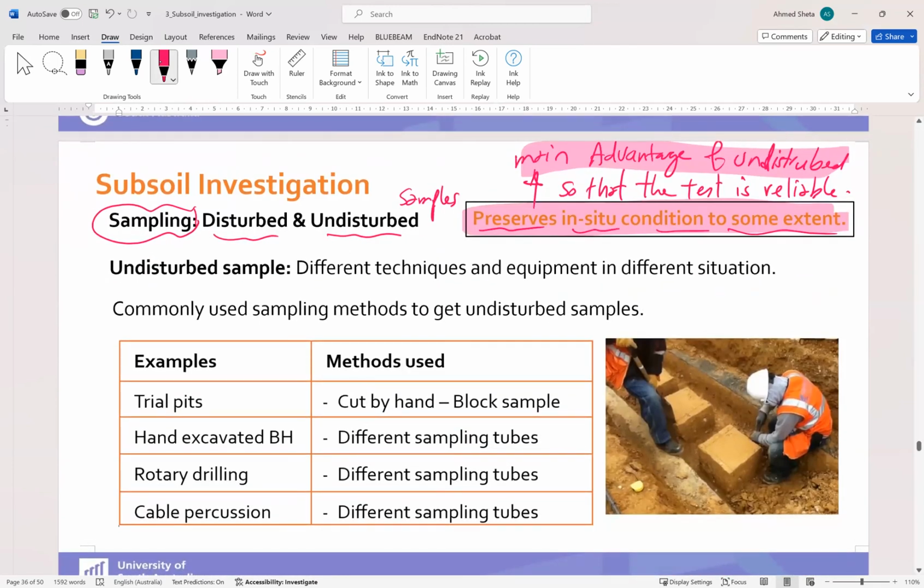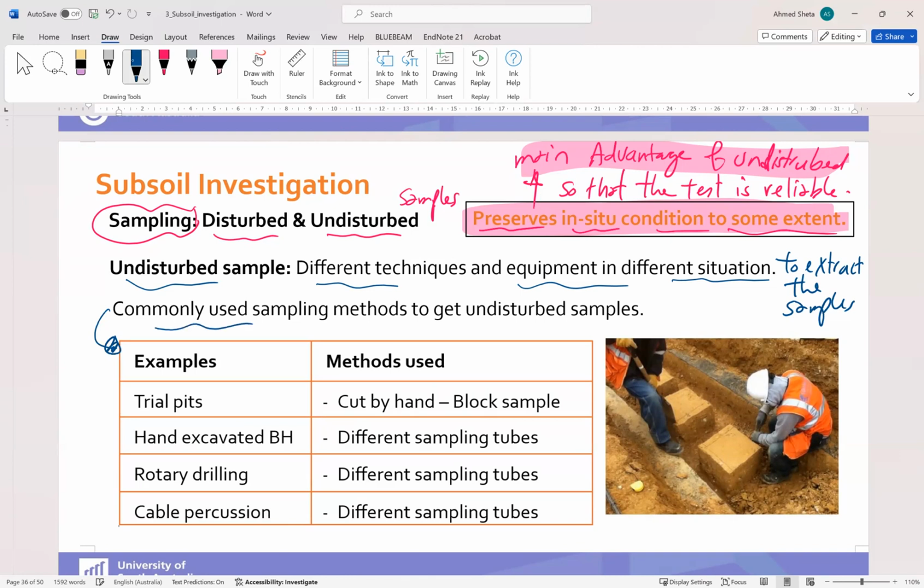For the undisturbed sample, we have different techniques and equipment in different situations to extract the samples. These are the commonly used techniques: for example, from the trial pits and hand excavated boreholes, or from rotary drilling and from cable percussion.